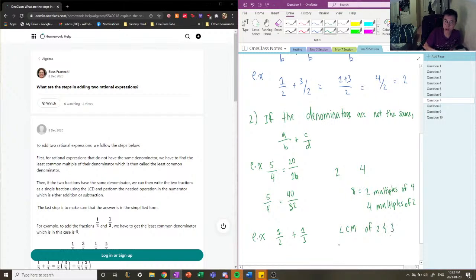Let's list out some multiples of 2. The multiples of 2 are 4, which is 2 multiples of 2, 6, which is 3 multiples of 2, 8, 10, 12, 14, 16, 18.